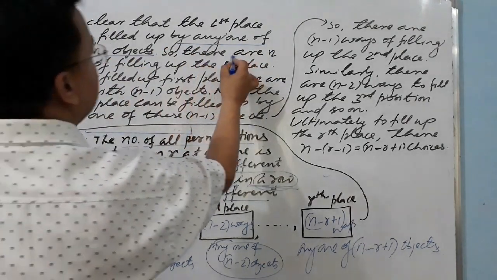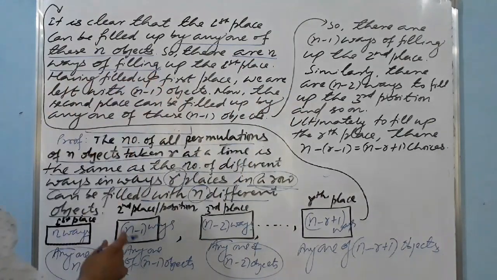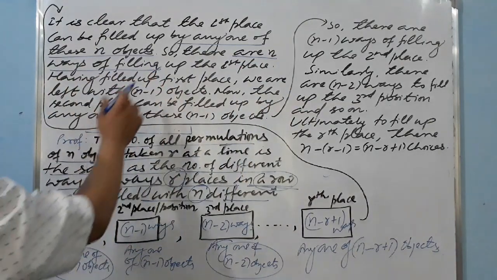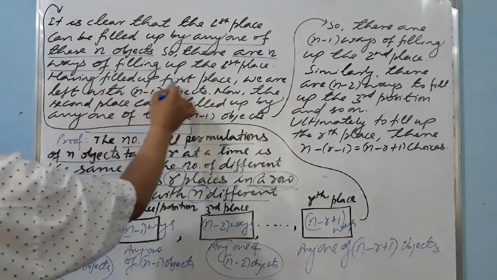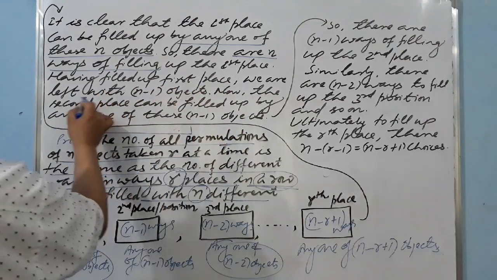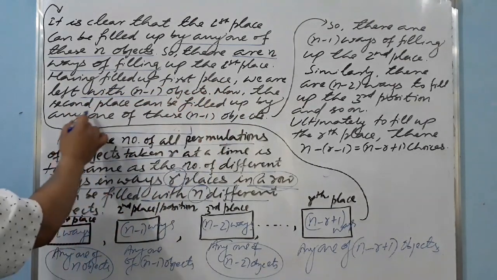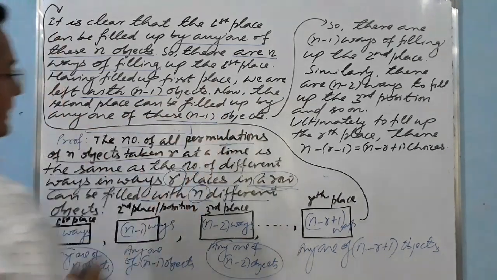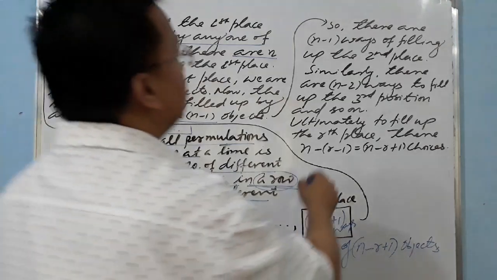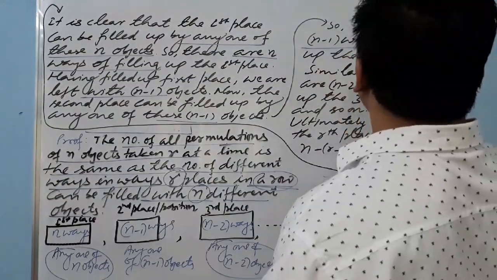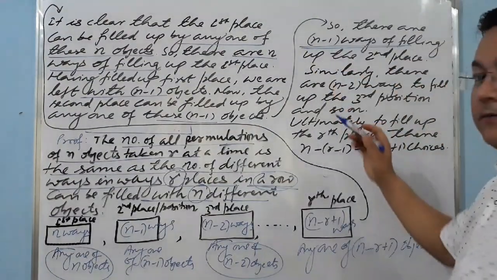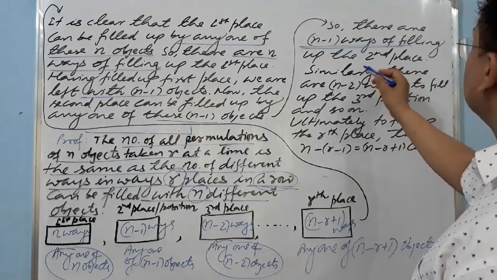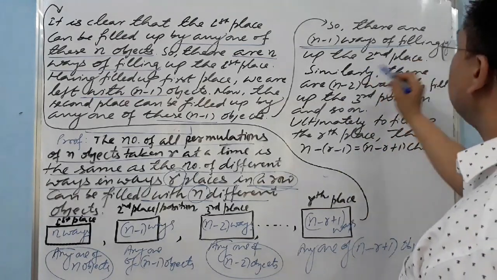So there are n ways of filling up the first place, and having filled up the first place, we are left with n minus 1 objects. Now the second place can be filled up by any one of these n minus 1 objects. So there are n minus 1 ways of filling up the second place.